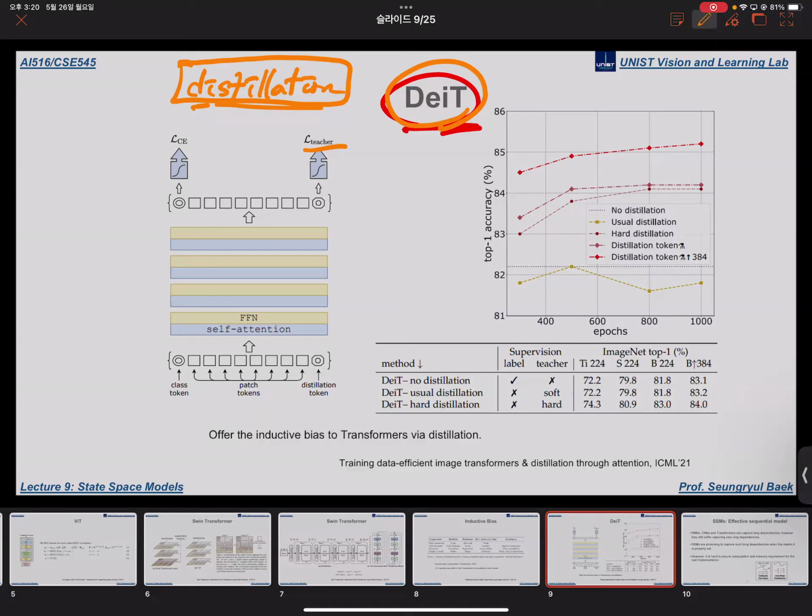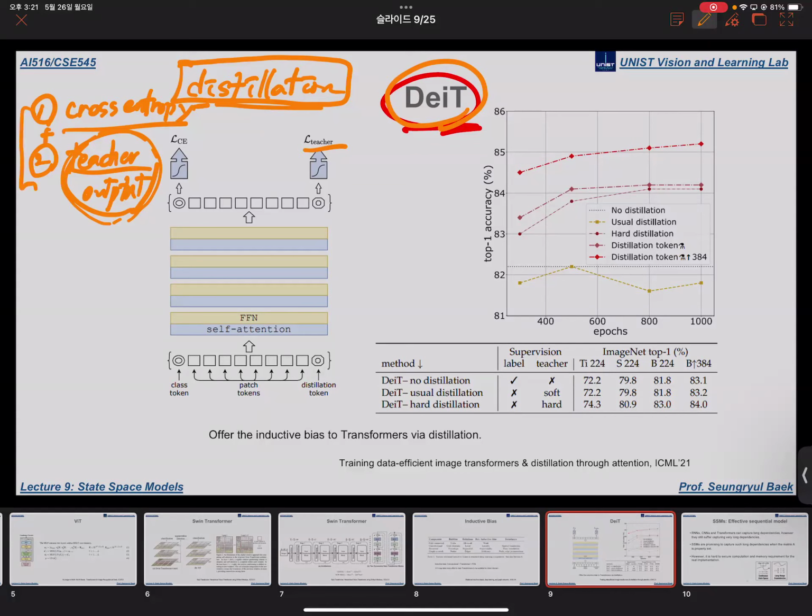And at the same time, we apply the standard cross entropy loss for the student. When training the student, we use two signals as supervision. One is the original, standard cross entropy loss, plus another one from the teacher output: we use an L2 loss, which is the mean square error loss, so that the student output is close to the teacher output. That's distillation. Okay.